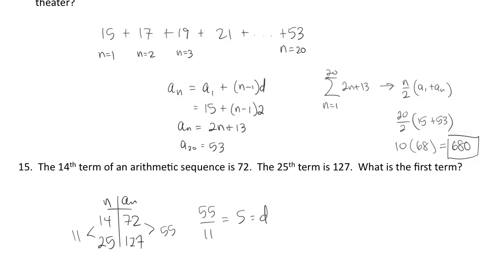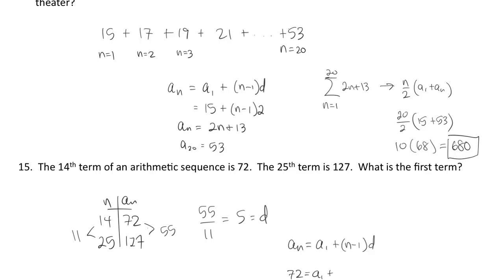So the explicit formula for the arithmetic sequence is, again, a sub n is equal to the first term plus n minus 1 times the common difference. We don't know the first term, but we do know the common difference is 5. And we know for an n value of 14, for example, we have an a sub n value of 72. So we can plug those in. A sub n is 72.